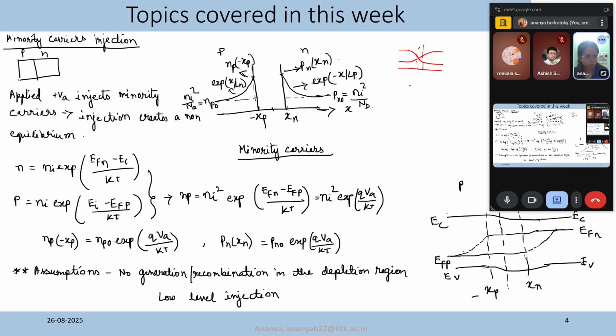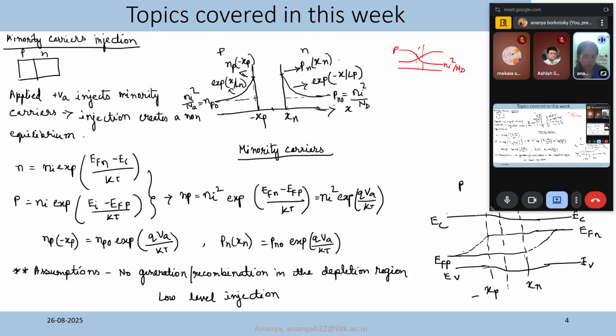Something like this. I remember I discussed that even though we are saying that there is the depletion region with no charge, there are some charges like this, right? Because say this is the hole concentration, it's higher on the P side, it decreases, and this is Ni square by Nd.